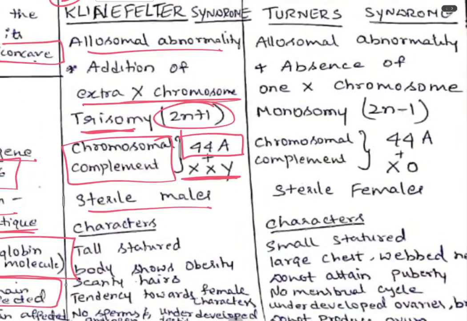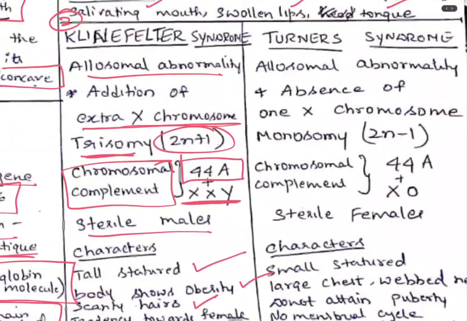And the characteristics of this syndrome are tall stature, and the body shows obesity, scanty hairs, tendency towards feminine characters, gynecomastia or the development of breast also we can say. Next, no sperm production, underdeveloped testes and low production of androgen.